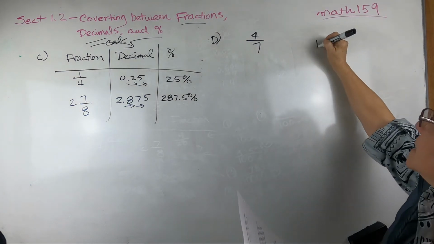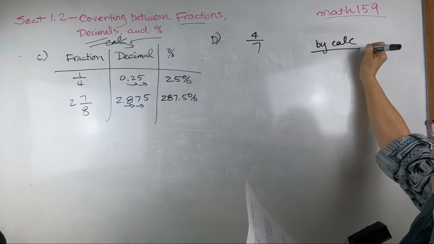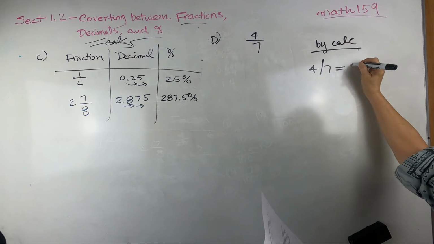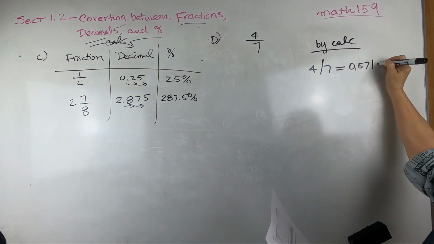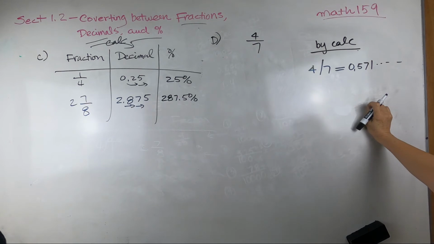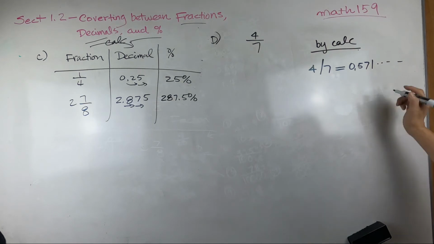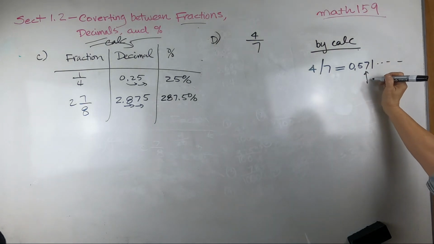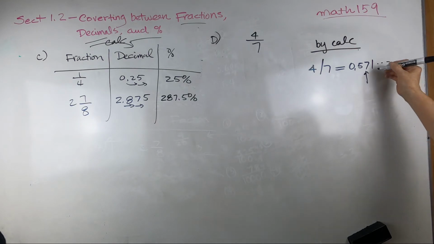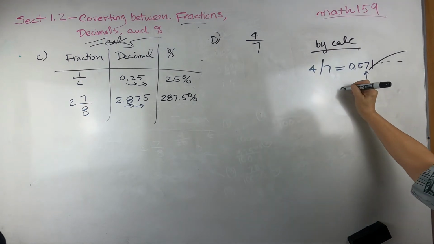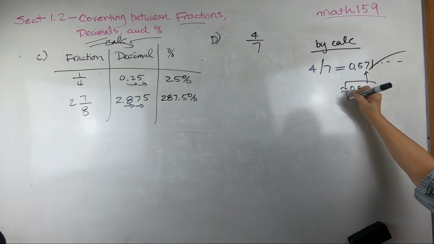You just do it by calculator. 4 divided by 7. Then what do you have? 0.571 something. We want to show the answer as a decimal rounded to the nearest hundredth. So that's your hundredth, all the positions you need. Then the remaining you either drop or round up. So your answer should be 0.57, right?